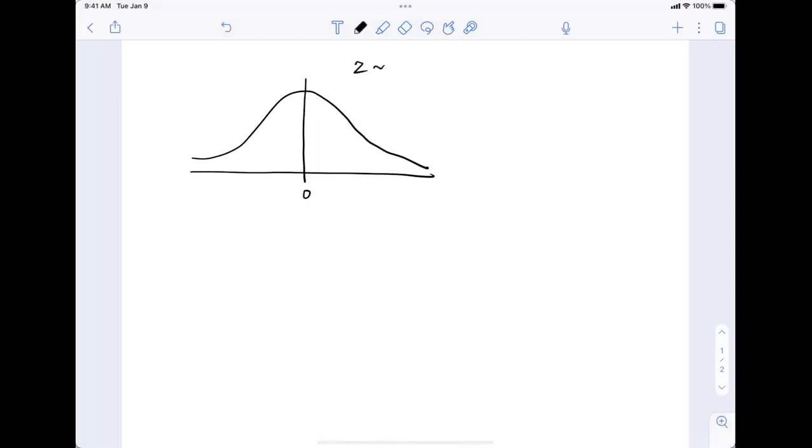The question asks us to find the area between 0 and 2.25. So the probability of 0 less than Z less than 2.25 is given by this particular shaded region, and why I am shading this will become apparent once we move to the second part of the question. But now let me go back to my Excel sheet.